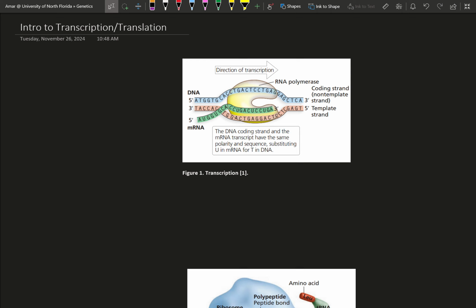So last time I mentioned I'd give you guys an introduction to genetics and DNA. And now we're going to talk about a brief introduction to transcription and translation.